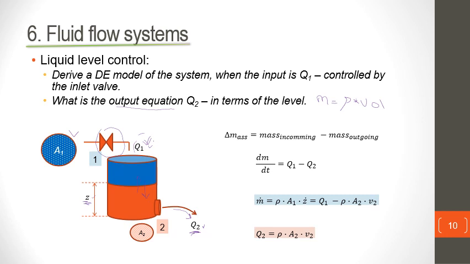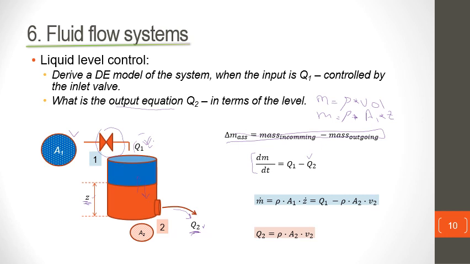The volume in our case is A1 times the height Z. So the mass of the fluid in the tank is simply equal to rho A1 times Z. Now, by conservation of mass, the derivative of the mass of the fluid in the tank with respect to time is equal to the mass flow rate of the incoming fluid minus the mass flow rate of the outgoing fluid.